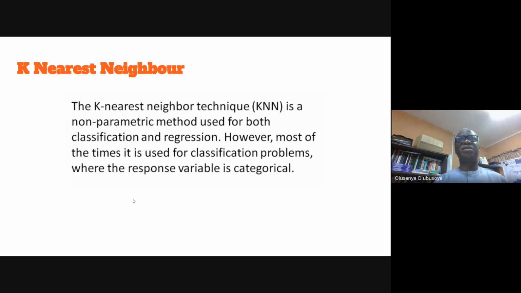Most techniques require that we assume that the underlying distribution is normal, is logistic, is chi-square.